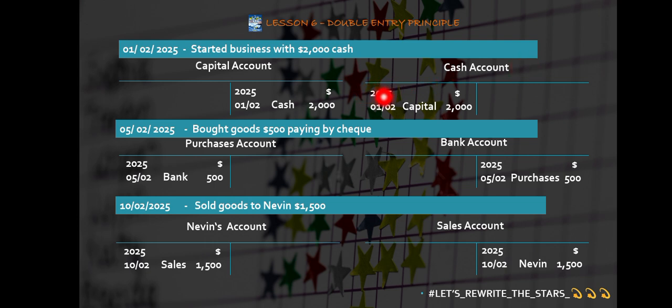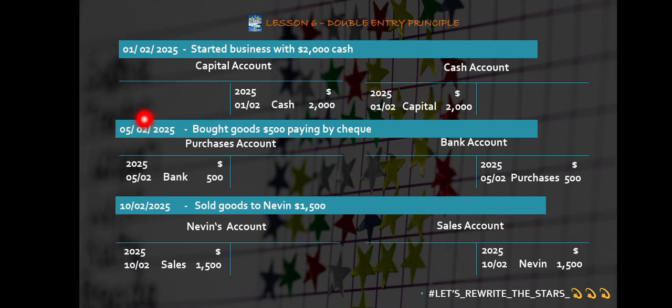We use the same year and dollar sign, then the date, 1st of February 2025, sorry. Then we indicate the corresponding account, which is the capital account, and the value. You realize capital was recorded at the credit side and cash at the debit side, so it has balanced.